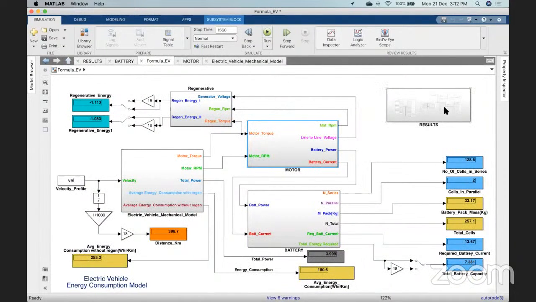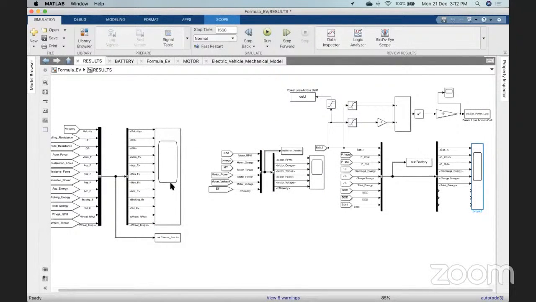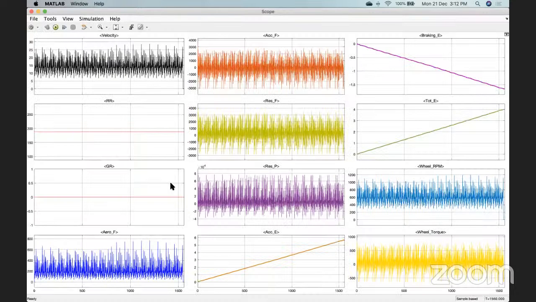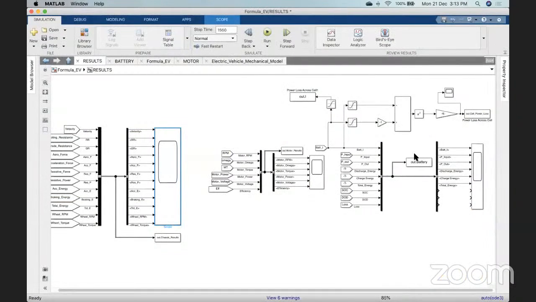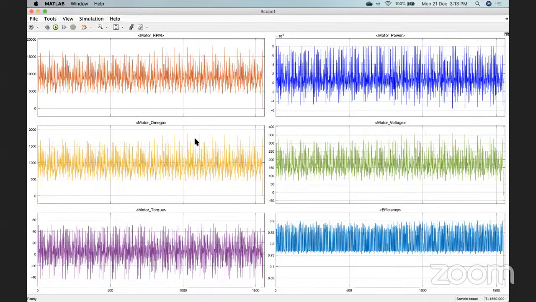So yeah, I think we have already run this. I'll show you the graphs, the same graphs which I kept in the presentation. So yeah, these are on the vehicle side: velocity, rolling distance, grade distance, resistive forces, and all the stuff. This is on the motor side: motor RPM, motor omega, motor torque.